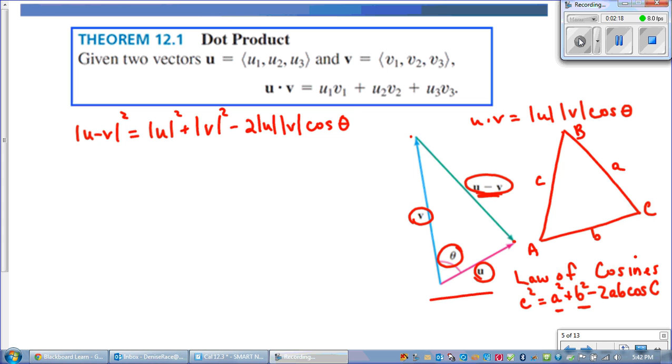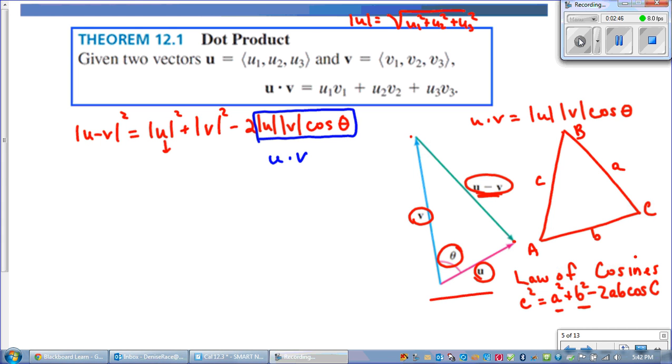Now, magnitude of u, magnitude of v, cosine of theta is the same thing as u dot v. I'm going to change the magnitude of u. Recall the magnitude of u would be equal to the square root of u1 squared plus u2 squared plus u3 squared.